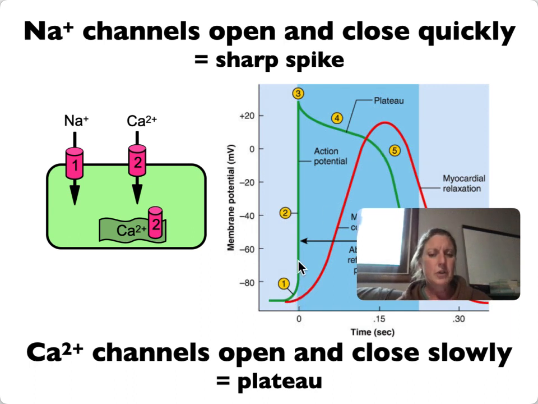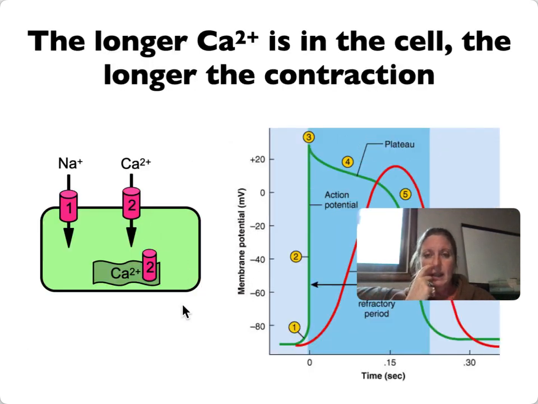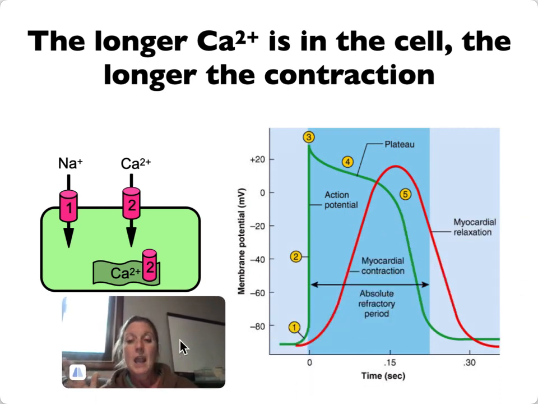If it were sodium by itself, it would be a sharp spike like this and back down. And if it were calcium by itself, it would be a sort of smooth wave. And when you add the two of them together, this is what you get. The important point is, and also, I think I forgot to put my repolarization. We'll get there. But the important thing is, if we look at the red line, which is where the muscle's actually contracting, it's contracting for a longer time.